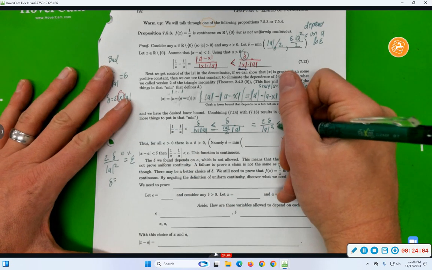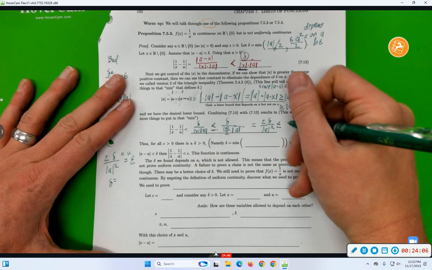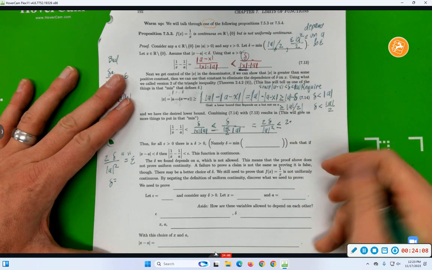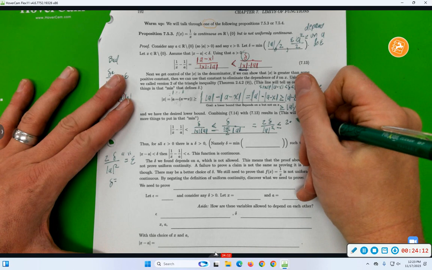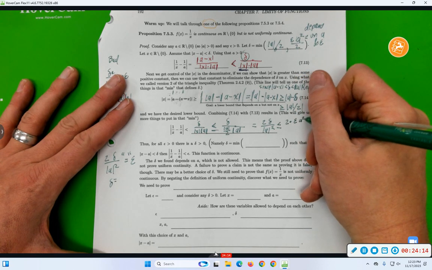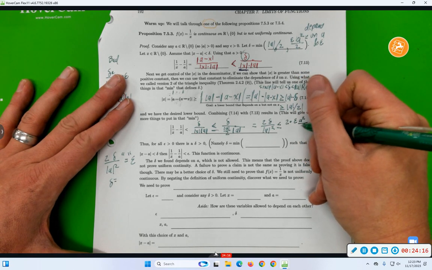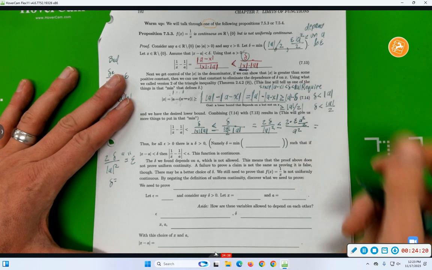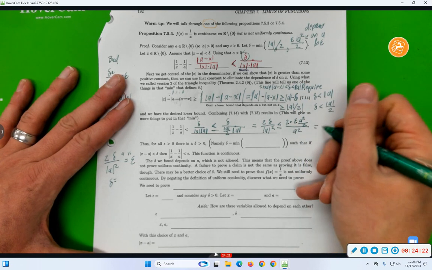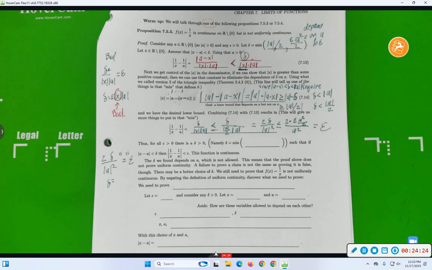So this is now less than or equal to 2 times, because that is something bigger than or equal to delta, epsilon a squared over 2 all over a squared. Is that equal to epsilon? Yeah, I mean, of course it is. That's how you got it, that quantity.